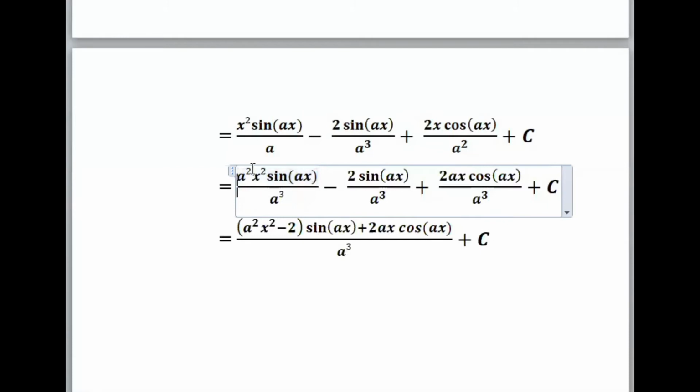So we got a square x squared sine ax over a power of 3 minus 2 sine ax over a power of 3 plus 2 ax cos ax over a power of 3 plus c. And the final answer is a square x square minus 2 sine of ax plus 2 ax cos ax over a power of 3 plus c.